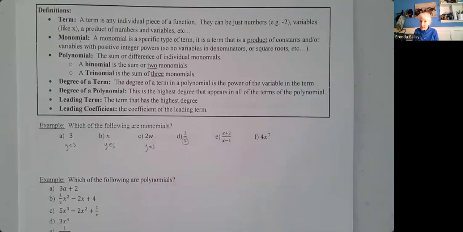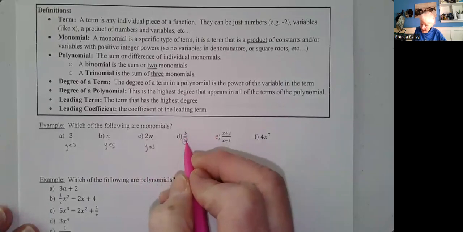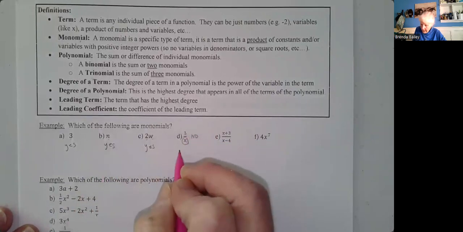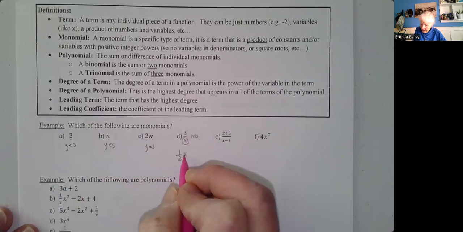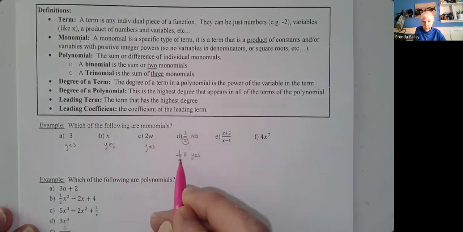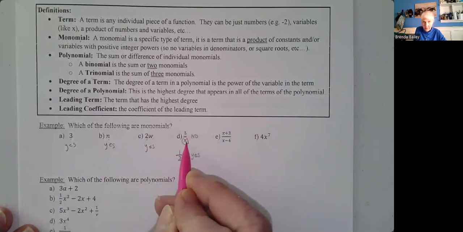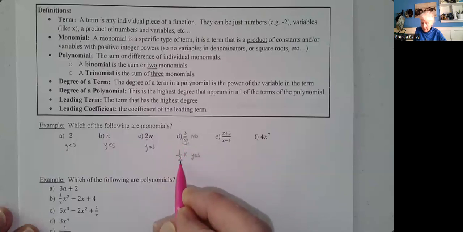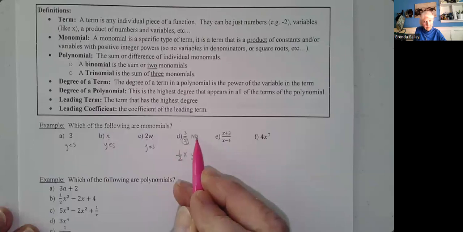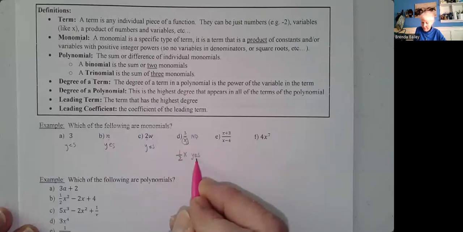And it's important that when I say a variable, so this is no. However, 1/2 x is yes. So you can have a number down here, but no variable in the denominator. You can have a number, just no variable. So this is a no, it's not a monomial, and this is a yes.